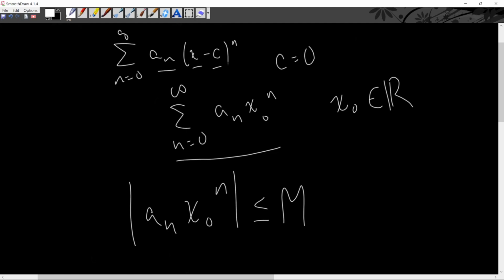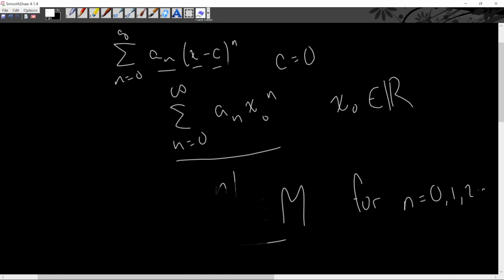Because if it is bounded from above, it still can equal that upper bound, but this is for every valid input of n. So you start at n equals 0, and 1, 2. This should be valid because this series is bounded from above, because we assume that it's converging to something.